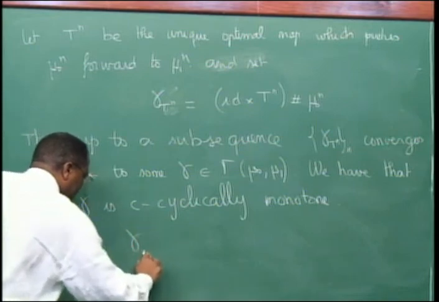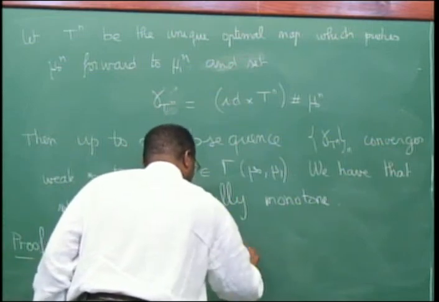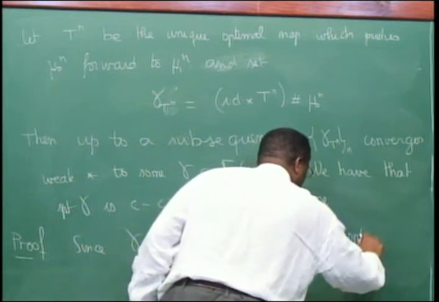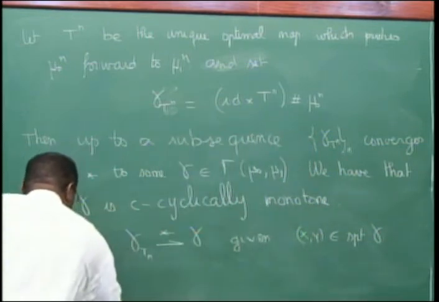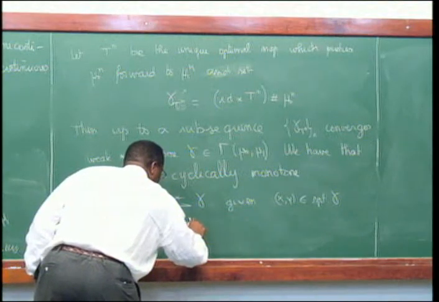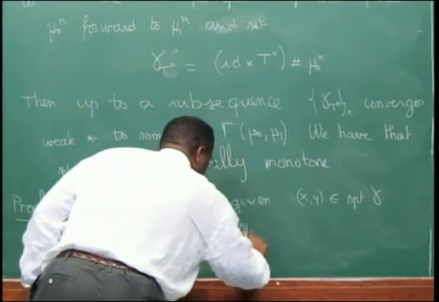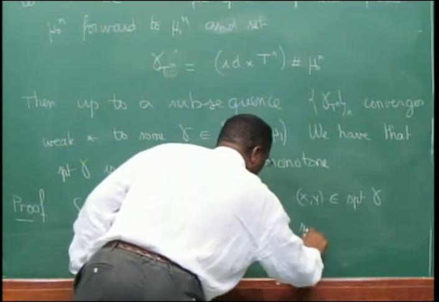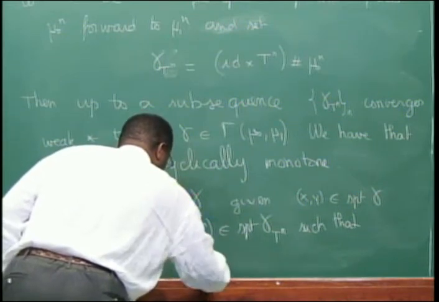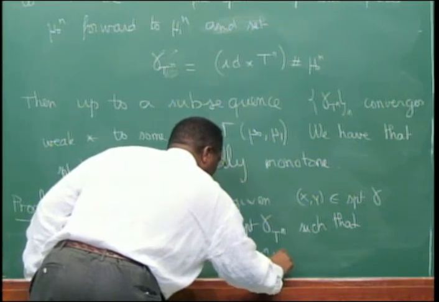Since gamma Tn converges weak star to gamma, given x, y in the support of gamma, there exist Sn, Yn in the support of gamma Tn such that xy is the limit over n of Sn Yn.